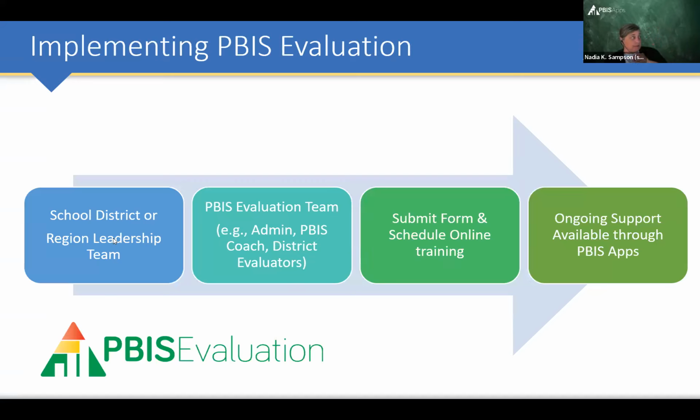So usually with PBIS evaluation, you have a school district or some leadership team that is initiating this. And then there's an evaluation team that includes an admin, maybe the PBIS coach or some district evaluators. There's a form somewhere, and I'm going to find it, that you submit, and you schedule an online training.